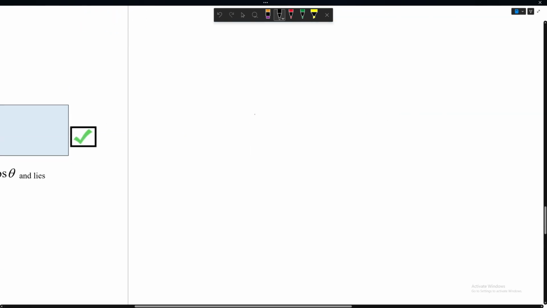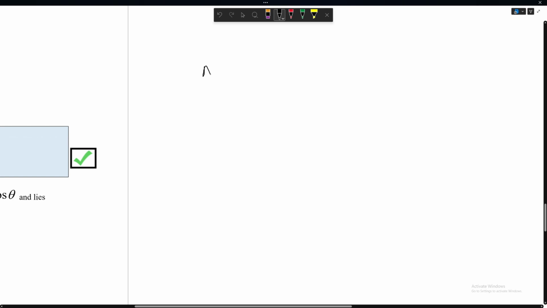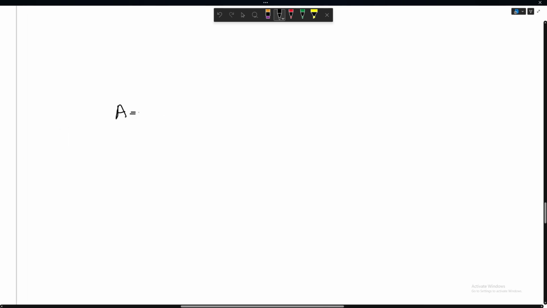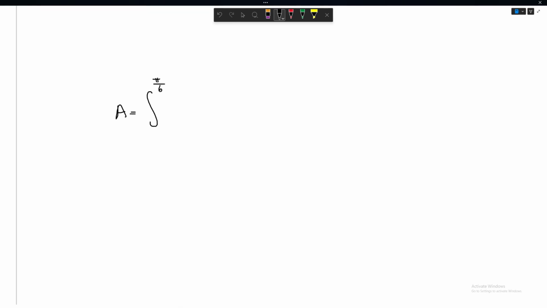So I'm going to go to the side, and what we have is our area. So if I have our area of an integral, it is going to be pi over 6 to 0, 1 over half, the equation I have squared.